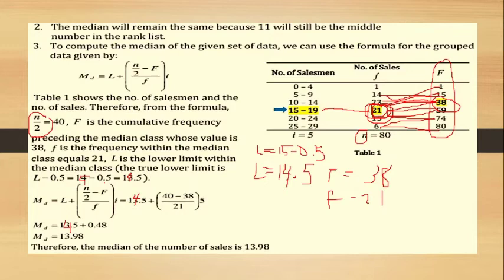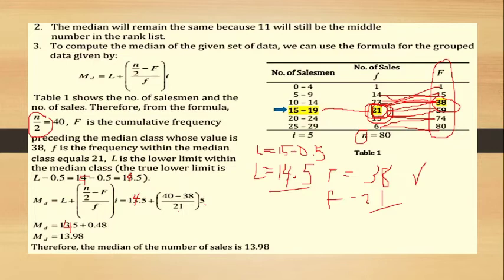So, substituting the values, we have the lower limit, which is 14.5, plus open parenthesis, 40, the n over 2 we solved, minus 38, the cumulative frequency, over the frequency, which is 21, times the interval 5.